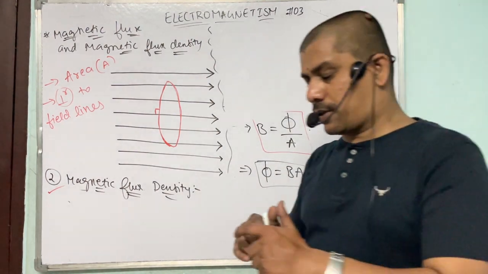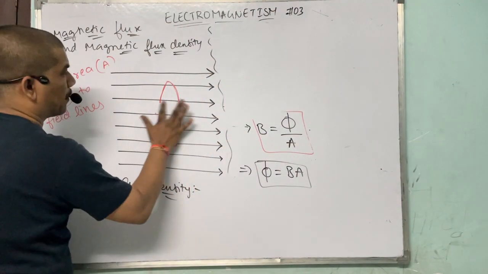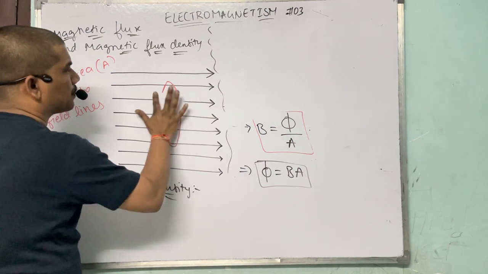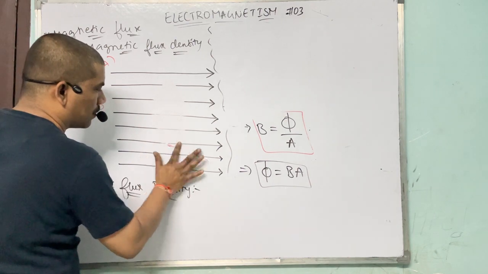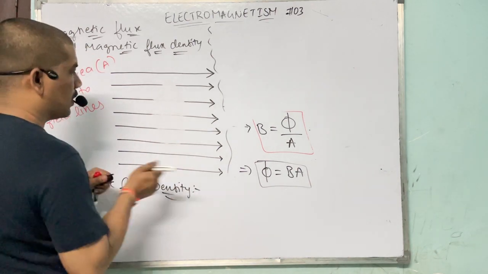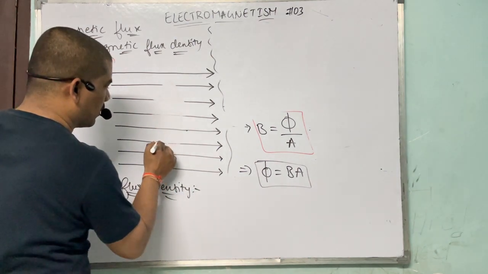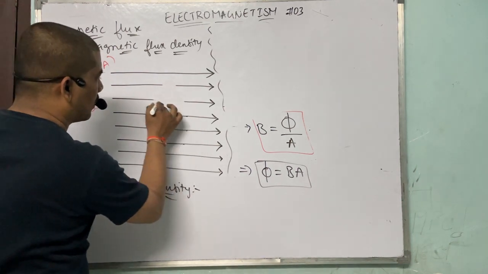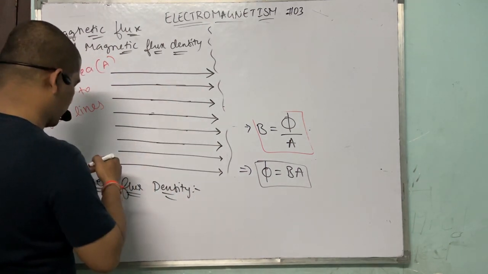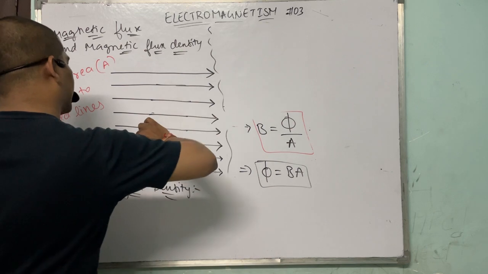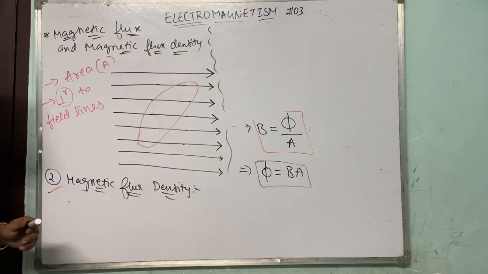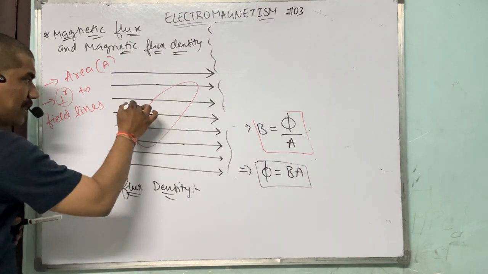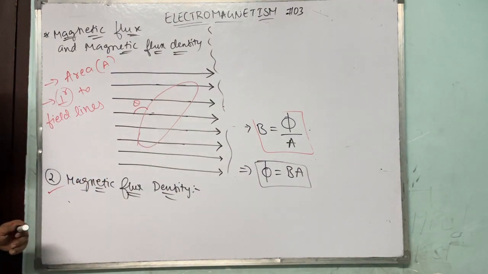Right. Suppose the plane is not like this, imagine the plane is like this. Is it perpendicular now? No. It is making some angle theta, right?